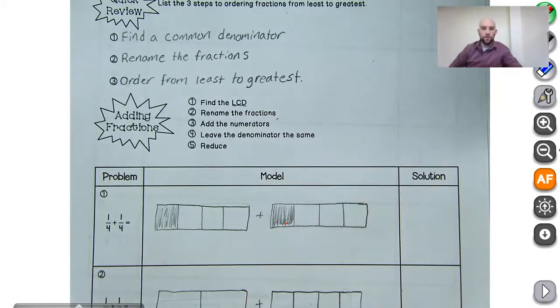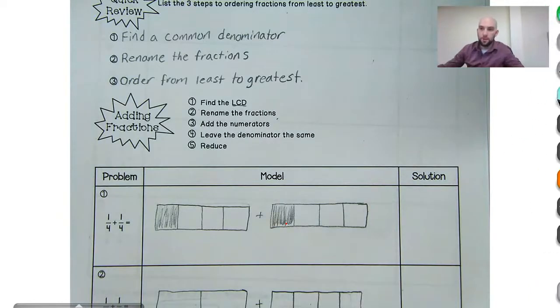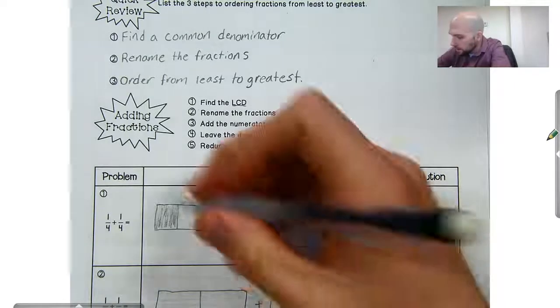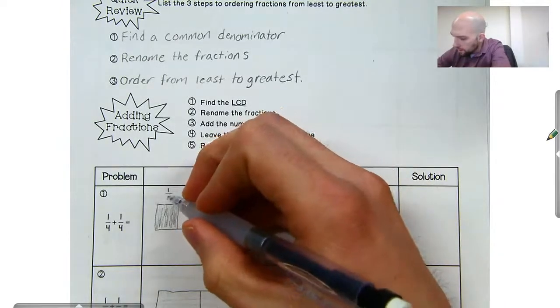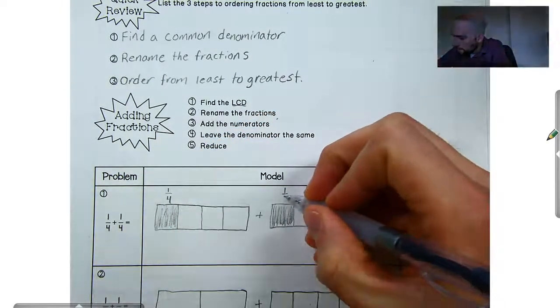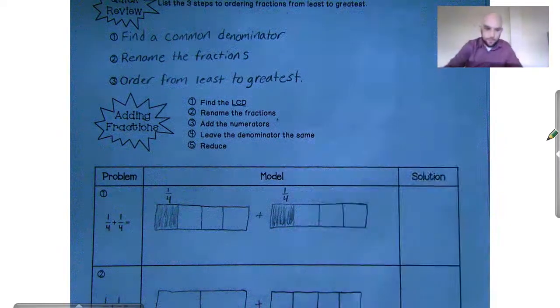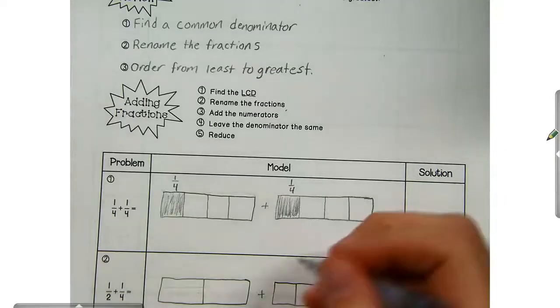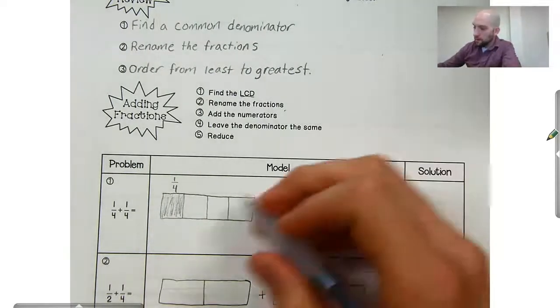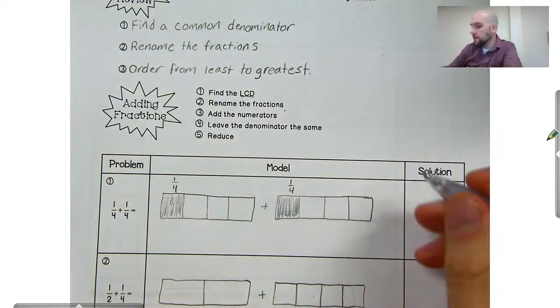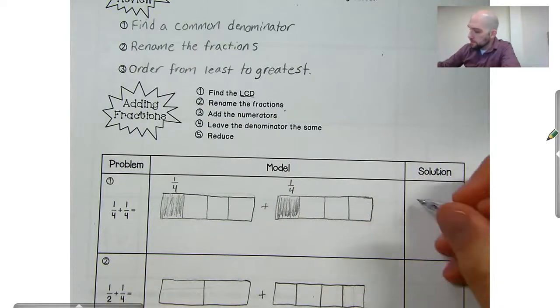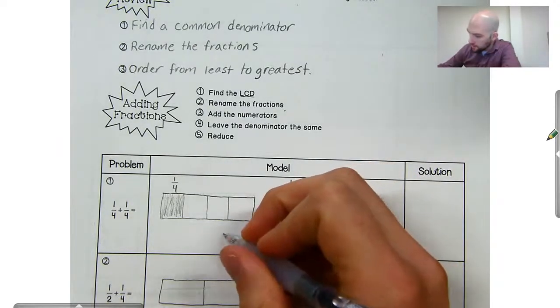So I have 1/4 plus 1/4. When we add 1/4 plus 1/4, we'll end up with 2/4, which will look like this.